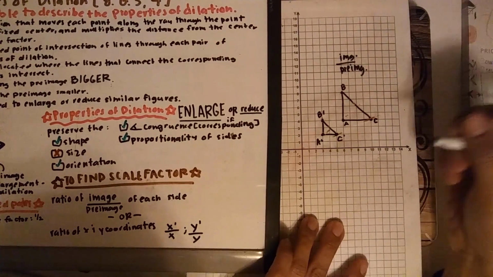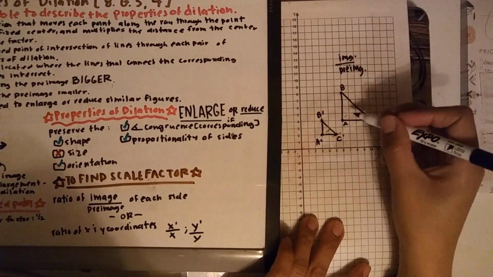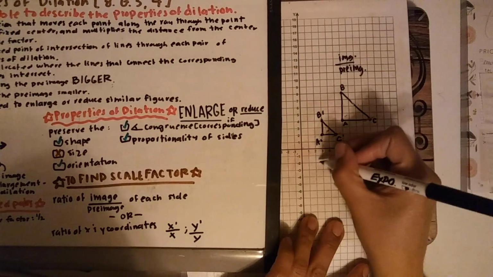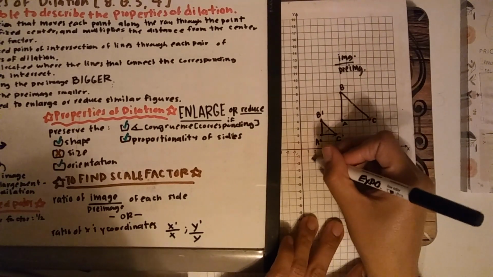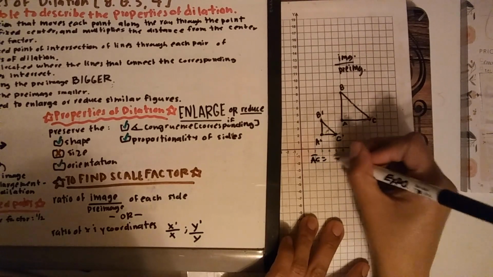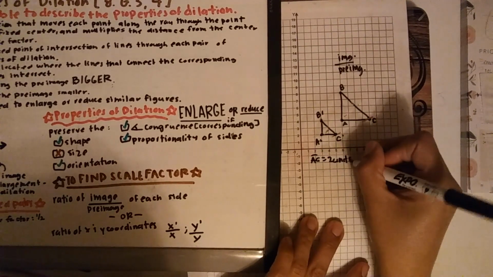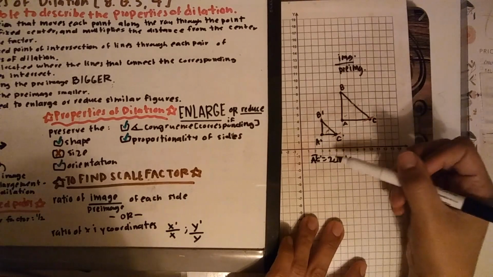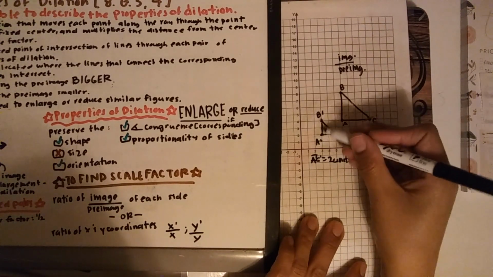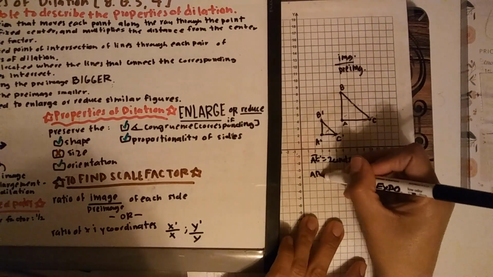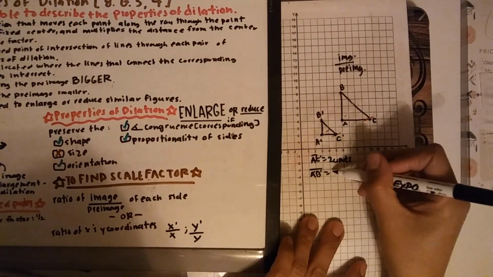So we have my image, this one, so let's do AC. Side A'C' is 2 units. And then let's do A'B', which also equals 2 units.